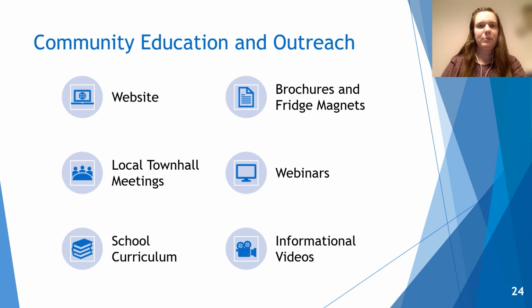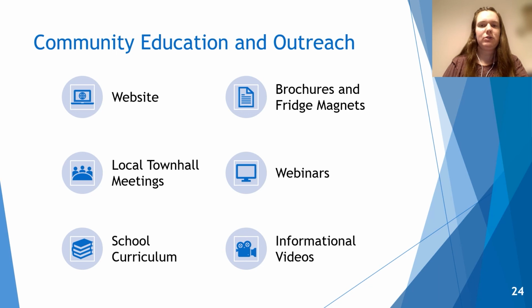For community education outreach, we recommend developing a website where contact information for local stakeholders is easily accessible and information about wastewater management and treatment for a specific community is there, as well as information from the resource guide. We've created a general website for the Black Belt region, but certain communities could create websites specific to their local residents.